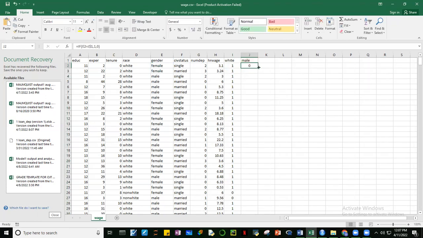Okay, ganoon din dito guys naman sa civil status, single at saka married. So ang gagawin dito, alphabetically si married yung 0, si single yung 1. Single 1 siya. No? Copy this down.